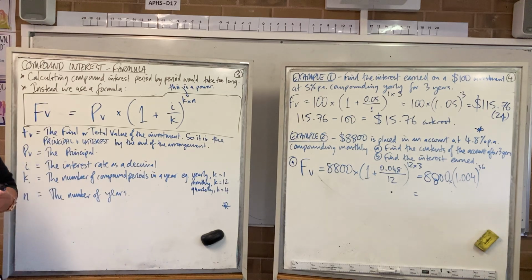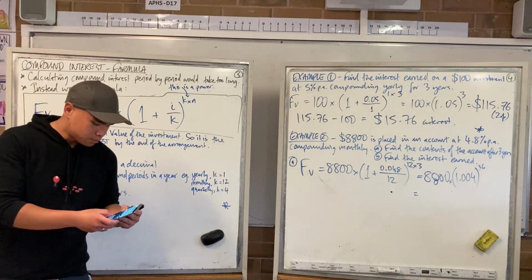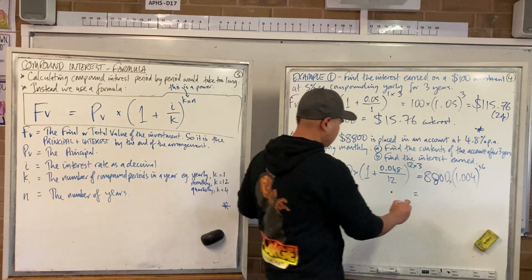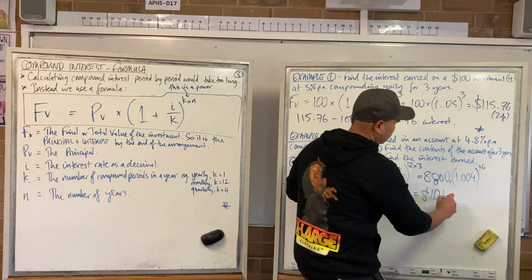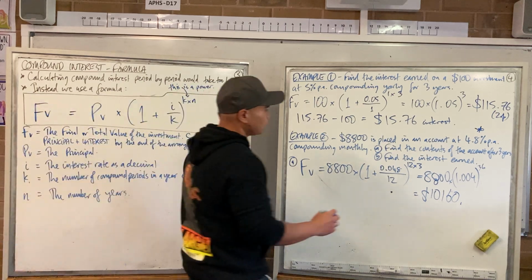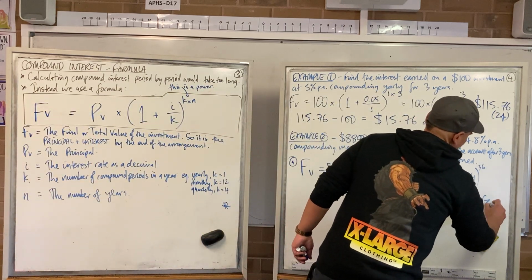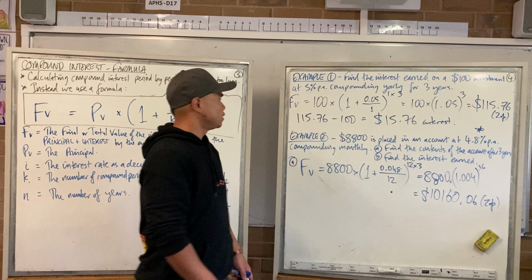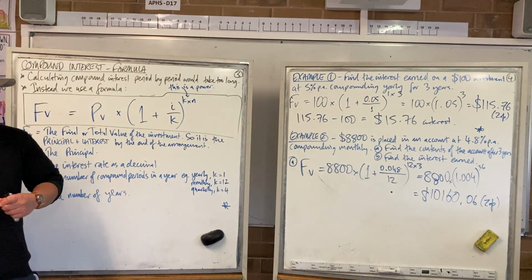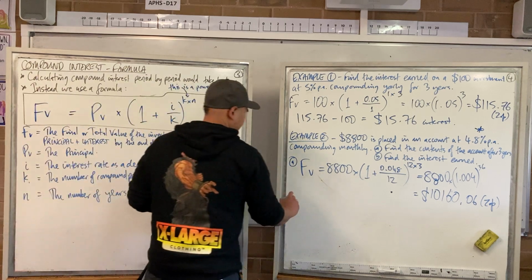Do BEDMAS properly, so 1.004 to the power of 36 is a long number, times it by 8,800, 10,160.06. 2 decimal points. So that's A, find the contents of the account after 3 years. B, find the interest earned.